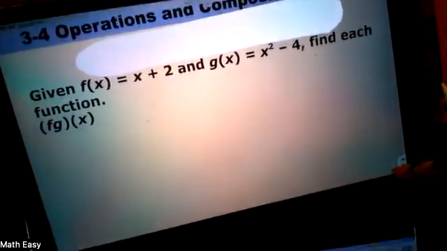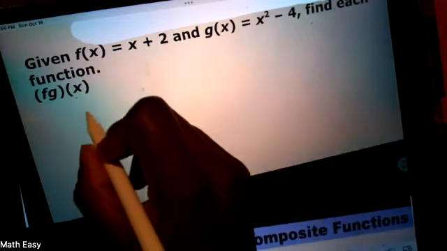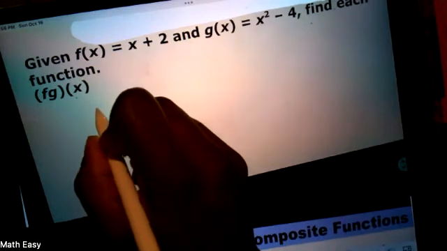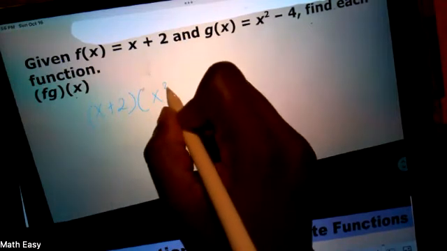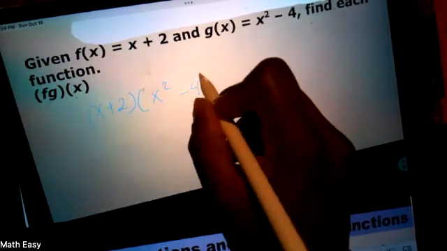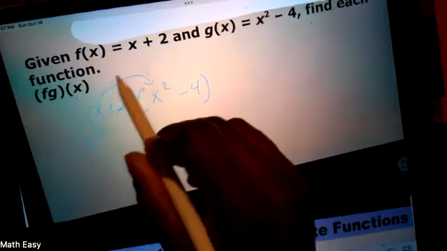Here's another example. We have f of x is x plus 2, g of x is x squared minus 4. Find f g of x. Again, it's multiplication, so we have x plus 2 times x squared minus 4. So x times x squared gives us x cubed.